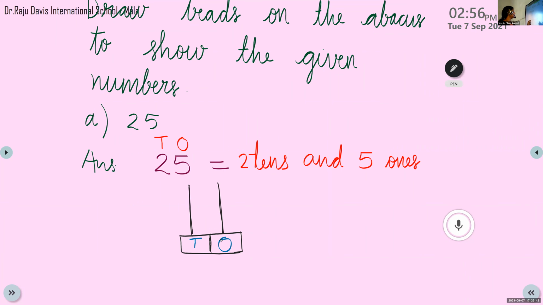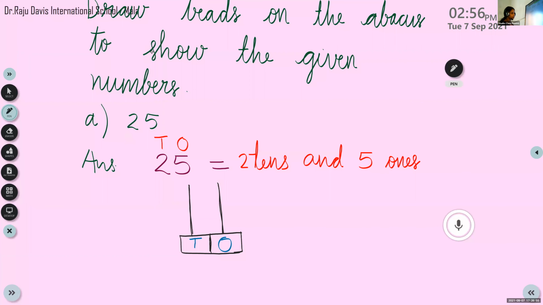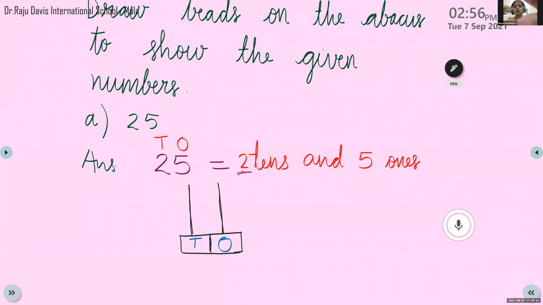Now 25 means 2 tens. So how many beads do we have to draw at the tens space? 2. Now 5 ones. So at the ones space we have to draw how many? 5.